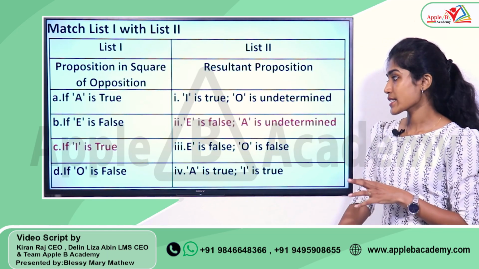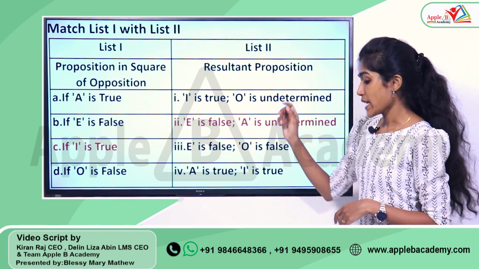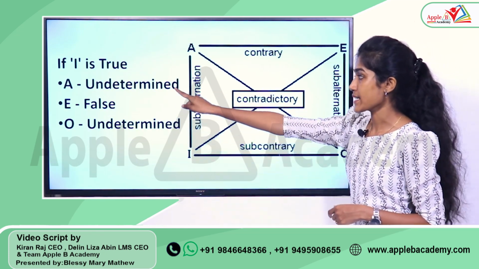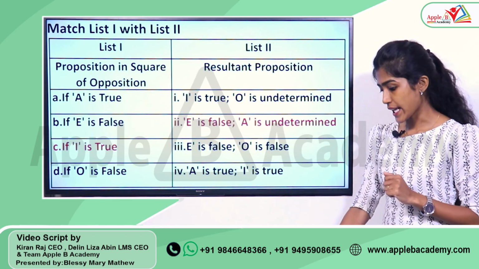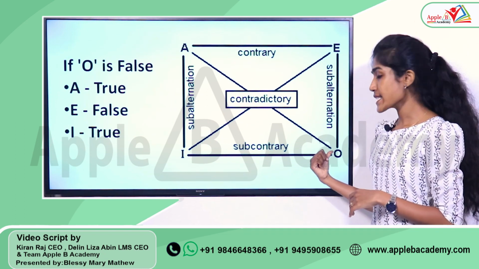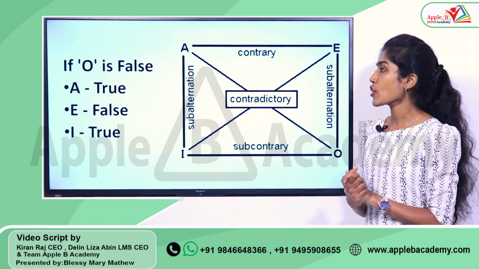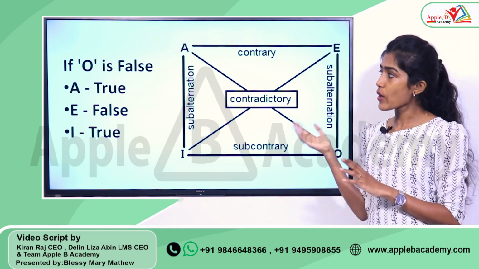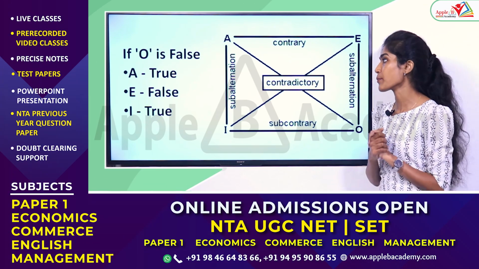Taking what we have discussed, if I is true, we can connect that with option 2: E is false, and A is undetermined. Alright, taking the last option, that is if O is false. O is particular negative. In the question it says that if O is false, we have to identify the condition of the other three propositions in the square of opposition.